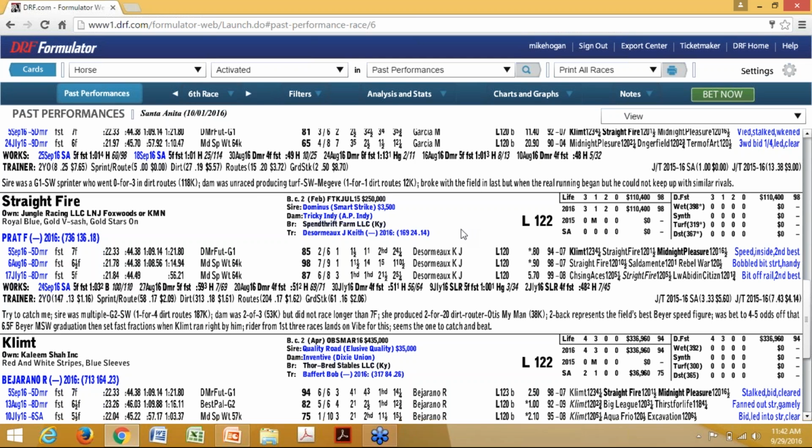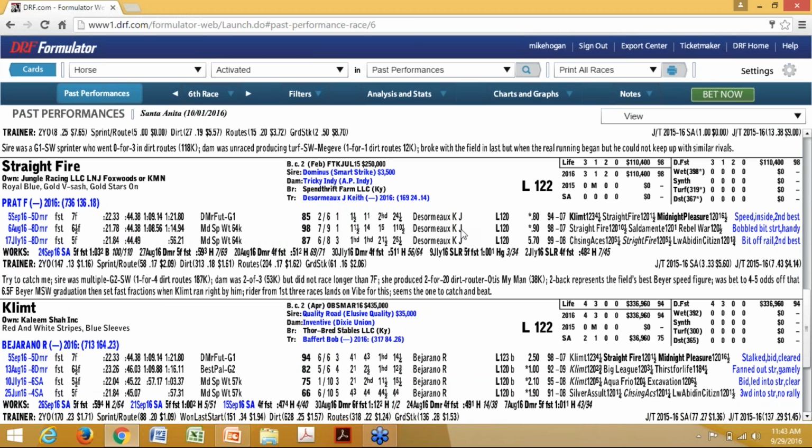So now Straight Fire hasn't raced in 26 days. Obviously, you can't just say, I'm going to use horses off a 26-day layoff. What I like to do is go up and down a third. So 26 days, a third of that is 9. I'll go 17 to 35 days to start. A third lower and a third higher. That gives me a good grouping of races.